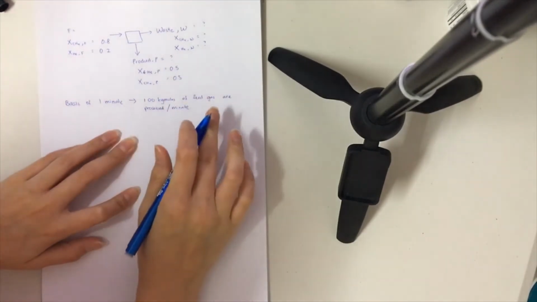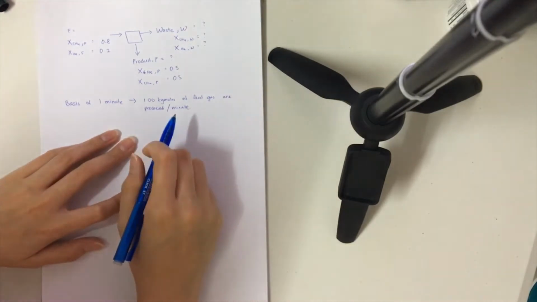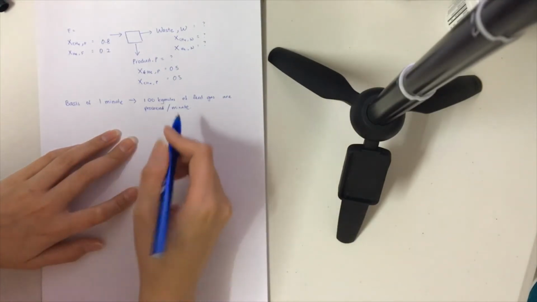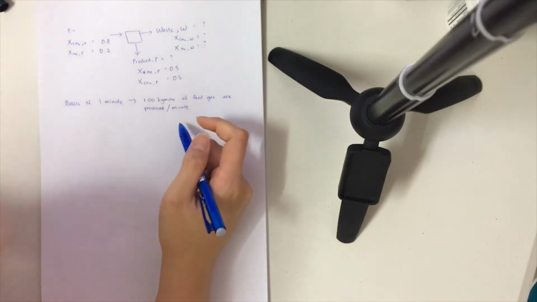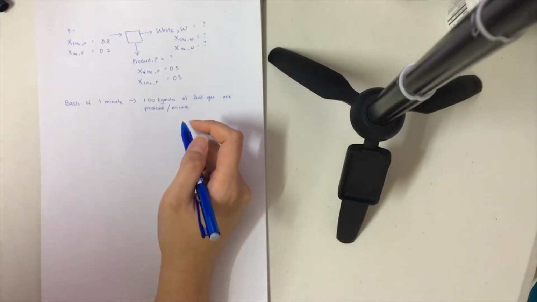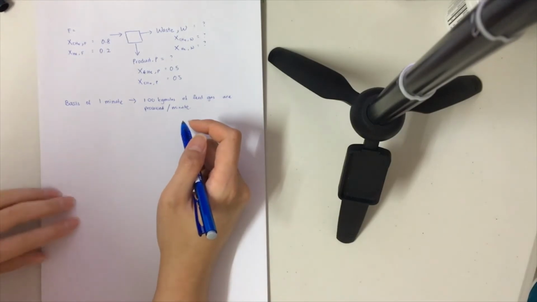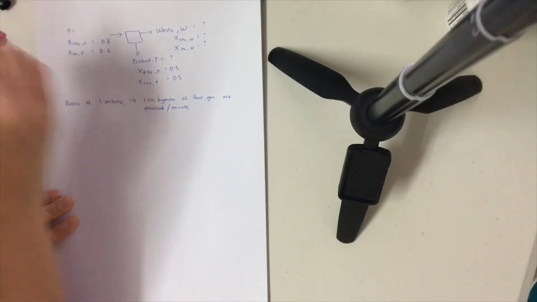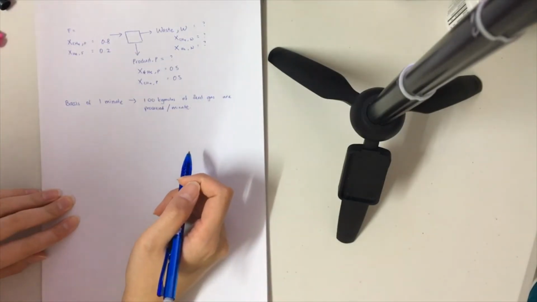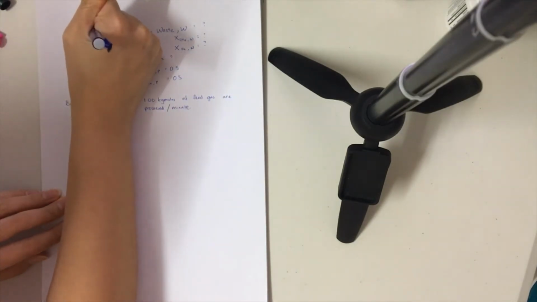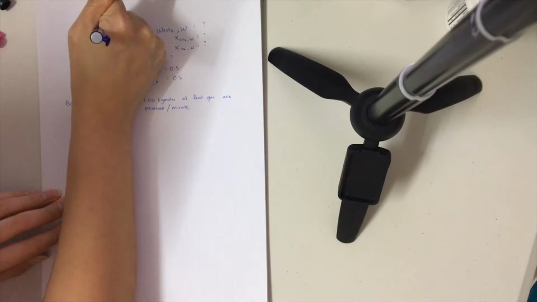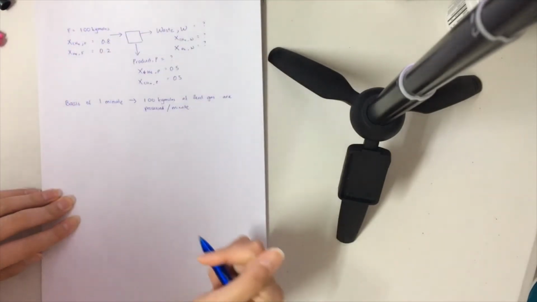So whatever we are calculating right now is based on a 1 minute process, right? Next, we were given that F is equal to 100 kilomoles. Let's write this down.